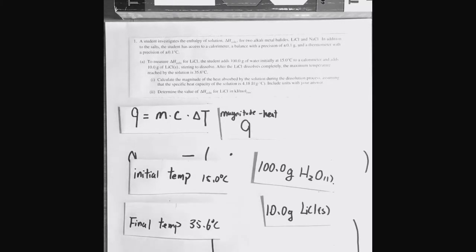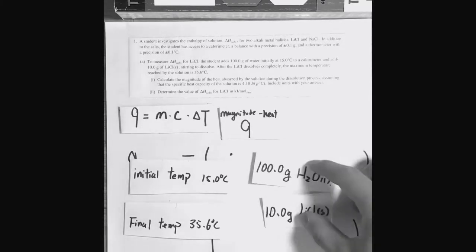So we plug numbers into the equation, which is Q equals m, the mass of water and the mass of LiCl. We add them together, like this. What we have next is C. C is 4.18 as a given.